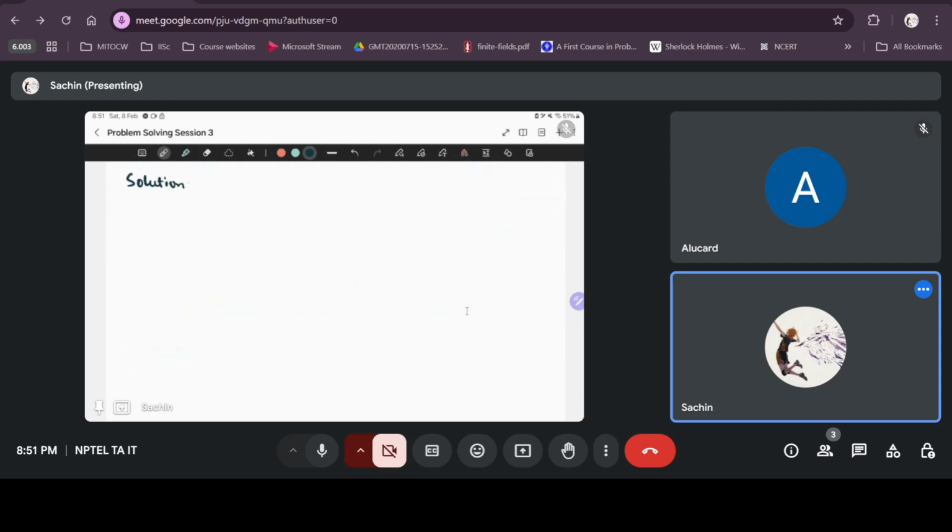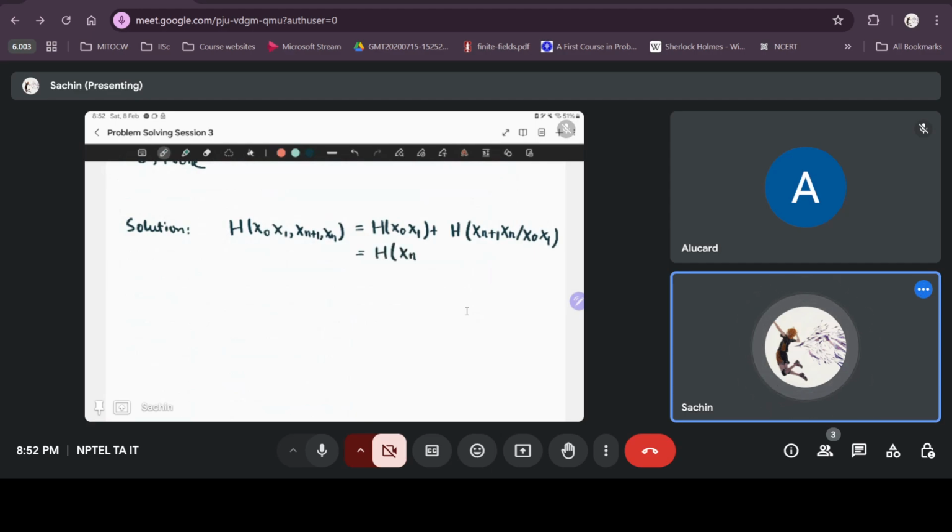We have H of x0 x1 up to xn plus 1 comma xn is equal to H of x0 x1 plus H of xn plus 1 comma xn given x0 x1, and this is also equal to H of xn plus 1 xn plus H of x0 x1 given xn plus 1 xn.